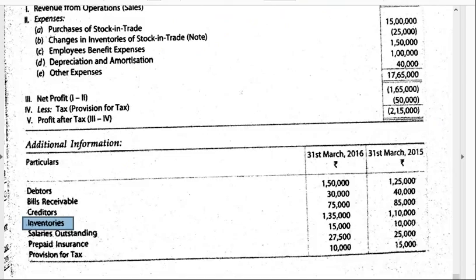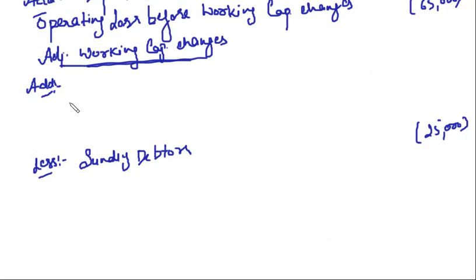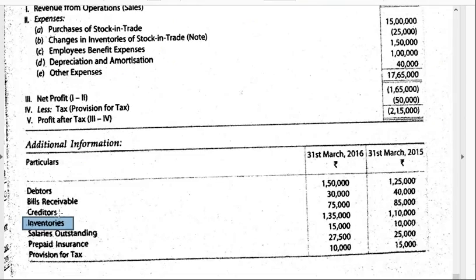Clear? Next, bills receivable. It is again our current asset, but this current asset has decreased from 40,000 to 30,000. If a current asset is decreasing, we will add this back because the current assets move in opposite direction. Clear? Next is creditors, right?